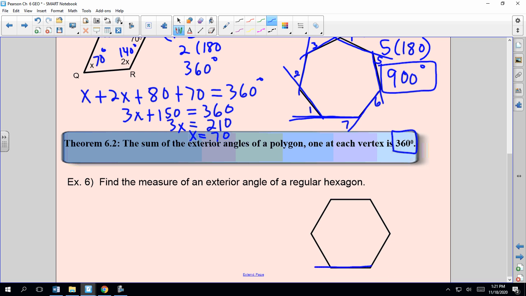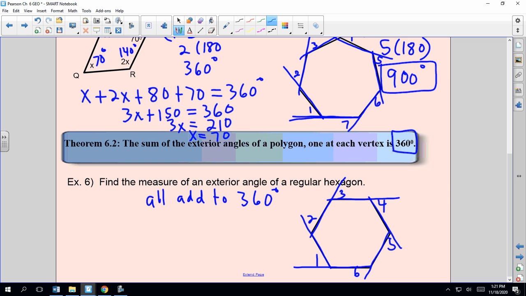Here I am with my hexagon. There's 1, 2, 3, 4, 5, 6, and I'm back to where I started. So find the measure of n exterior. Well, first of all, the sum of them is 360 degrees.